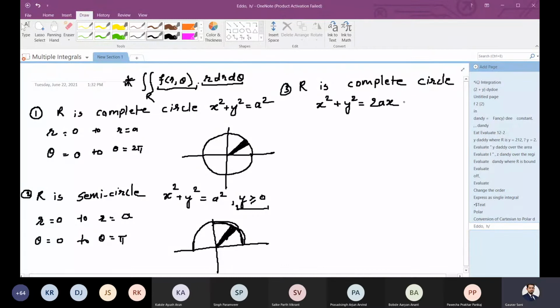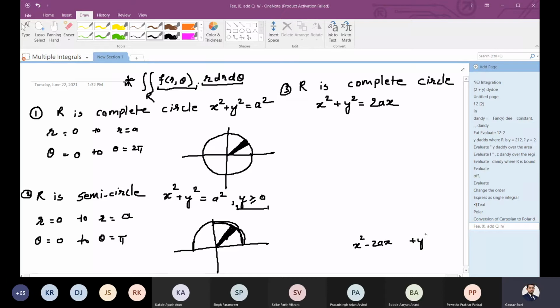How can we draw this circle? We'll adjust this. If I want to draw this, you can adjust this 2ax on the left hand side. So I'll do the simplification here. So x square minus 2ax plus y square.